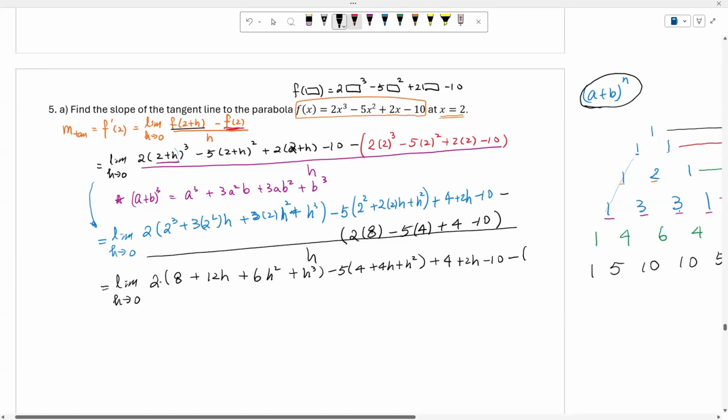Okay. 16 minus 20 plus 4 minus 10, all over h. Okay.